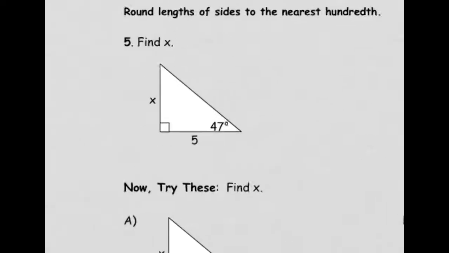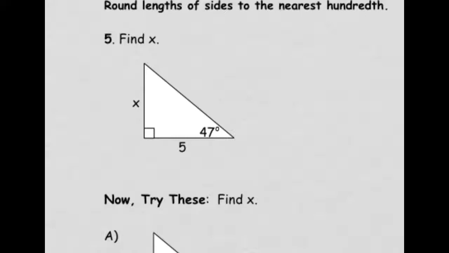I'll go ahead and do number 5 for you, and then I want you guys to work on the rest here. So remember, we always start with the angle, where the angle is. And I notice that they're asking me for two things. Well, first of all, they're asking me for x of the opposite side, right?